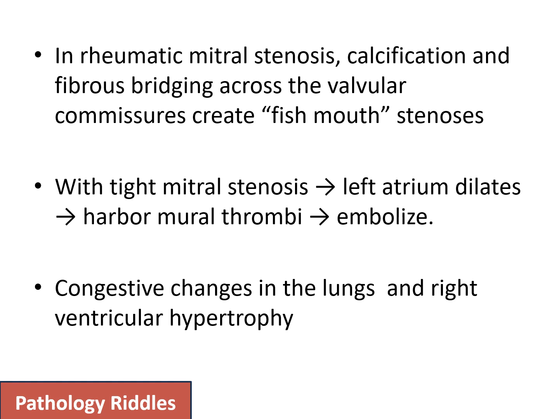There might be congestive changes in the lung and right ventricular hypertrophy. Because of back pressure, your lung can get affected. The blood which is supposed to be transported from the lung to the heart cannot reach there because there is so much back pressure. So there will be congestive changes and right ventricular hypertrophy.